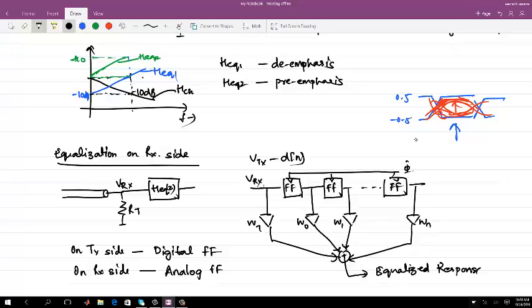So have you seen any kind of analog flip-flop? What can be the simplest circuit which can sample an analog voltage and pass it to the next same block at the next clock edge?